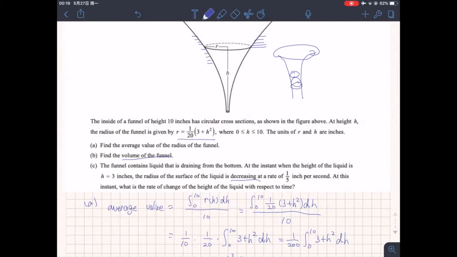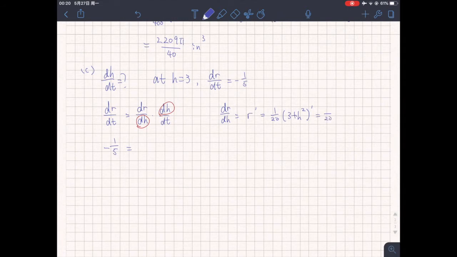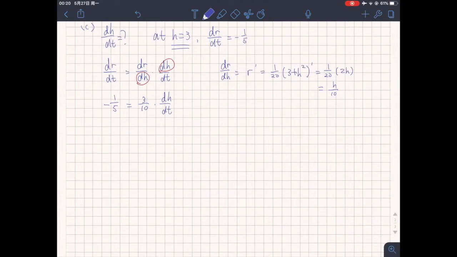In the text, we are given the function r, and we can get dr over dh by just taking the derivative of function r, which is 1/20 times 2 times (3 plus h), where h is 3, because problem C says at h equals 3, and then we can get dr over dh is 3 over 10, and dh over dt can be easily calculated, because the other two have already been found.